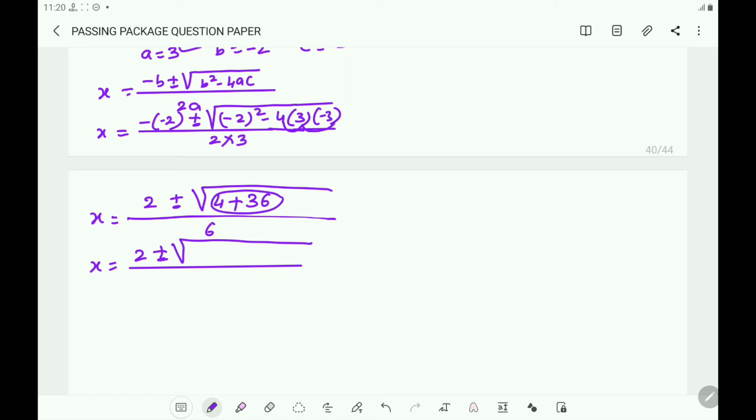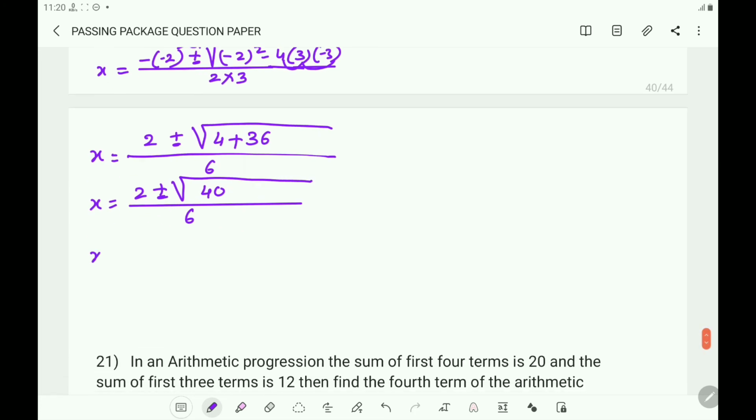And what is the sum of this 4 and 36? Sum of 4 and 36 is 40 divided by 6. That equals x equals 2 plus or minus, you write it as square number into some other number. 40 you can write it as 4 into 10, because 4 is a square number. Then that divided by 6.